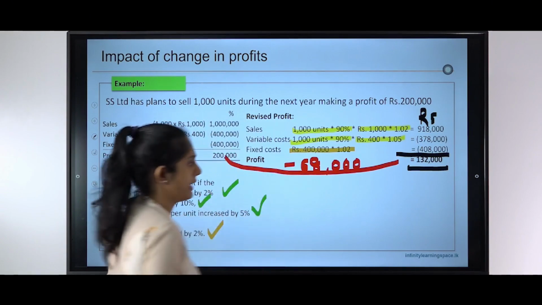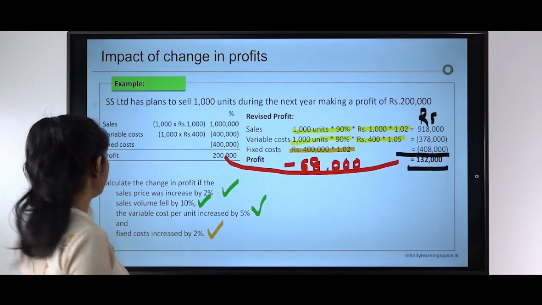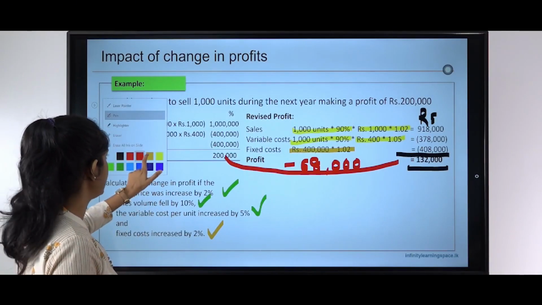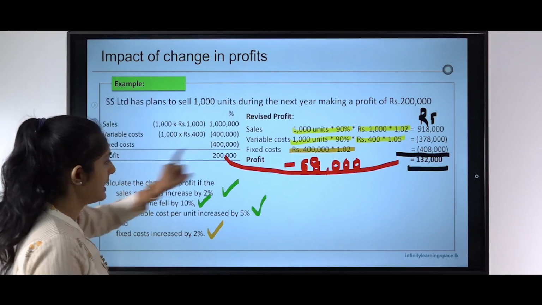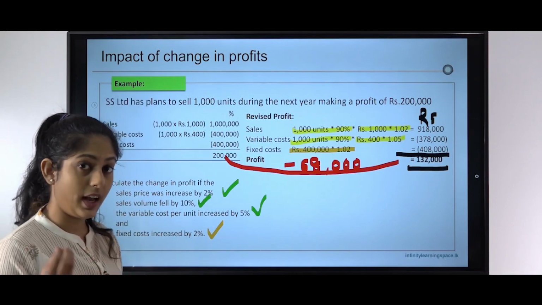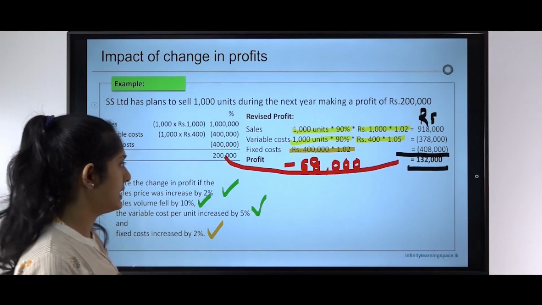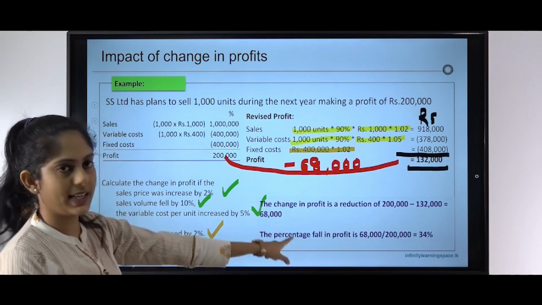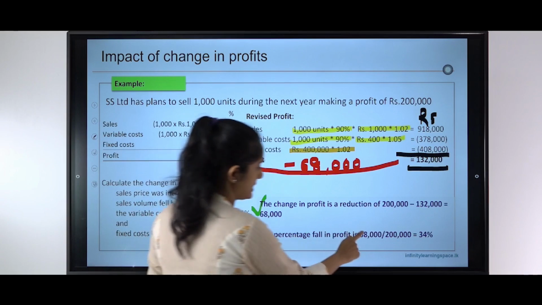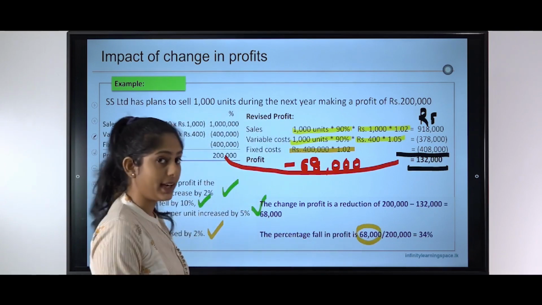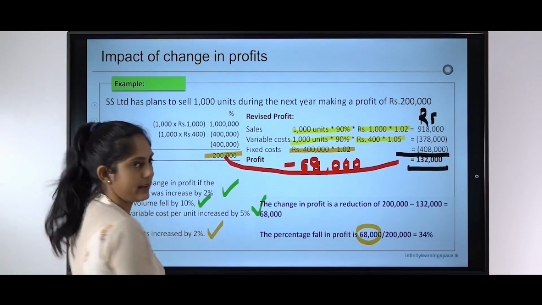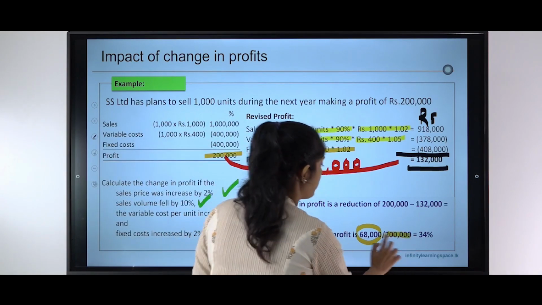A reduction. So the change in the profit, as you see the number, is 68,000. Now as a percentage, what is it? The percentage change is the value change 68,000 divided by the original 200,000. Remember from where?